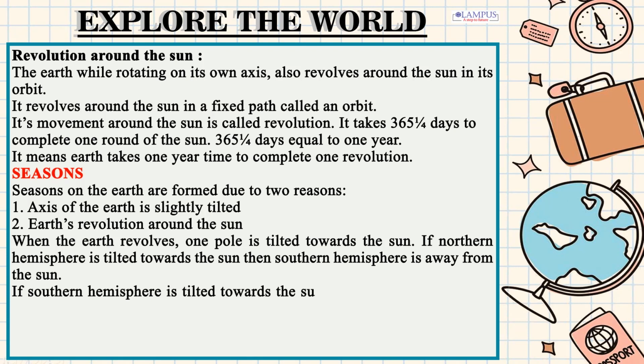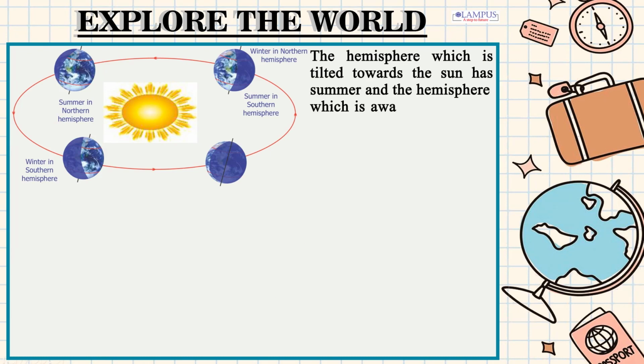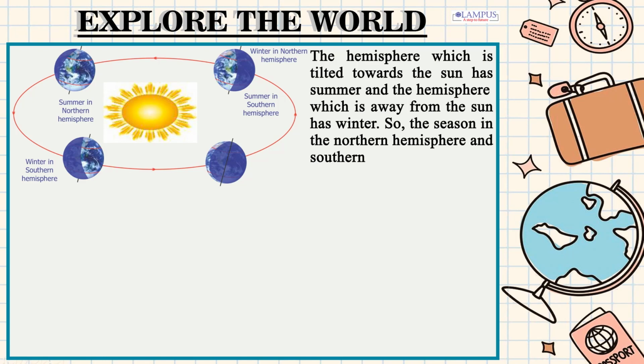If Southern Hemisphere is tilted towards the Sun, then Northern Hemisphere is away from the Sun. The hemisphere which is tilted towards the Sun has summer, and the hemisphere which is away from the Sun has winter. So, the season in the Northern Hemisphere and Southern Hemisphere can never be the same.